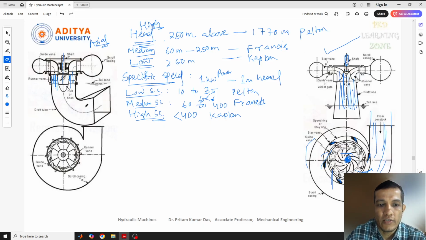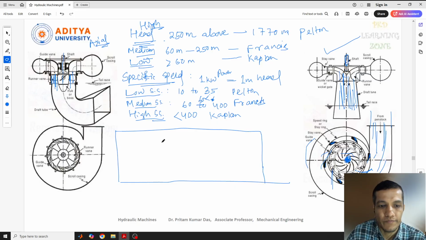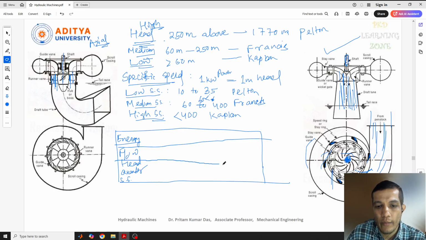If you want to summarize this, I'll give a brief summary. Here we can write: energy at the inlet we have discussed, flow direction we have discussed, head we have discussed, and next one is quantity of water, which I have not mentioned, and another one is specific speed. One more thing I have missed here is quantity of water.